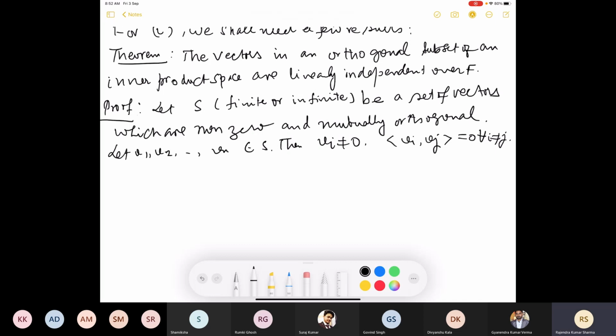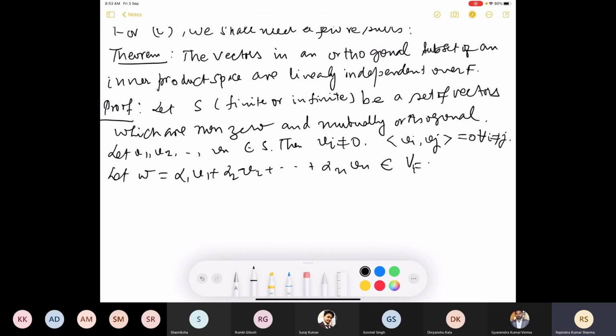All right. Now let us take W to be alpha 1 V1 plus alpha 2 V2 plus up to alpha n Vn. Now this naturally is a linear combination, and therefore it is in F, in the linear span of S.